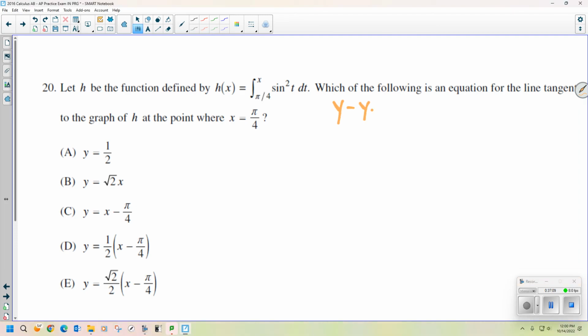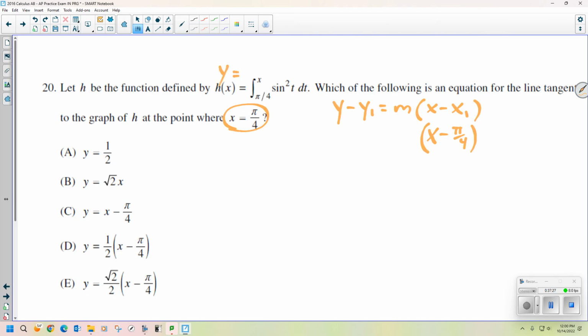y minus y1 equals derivative or slope times x minus x1. I already have x1. So that's x minus pi over 4. How do I get y when I have x? Well, I go to the original equation.